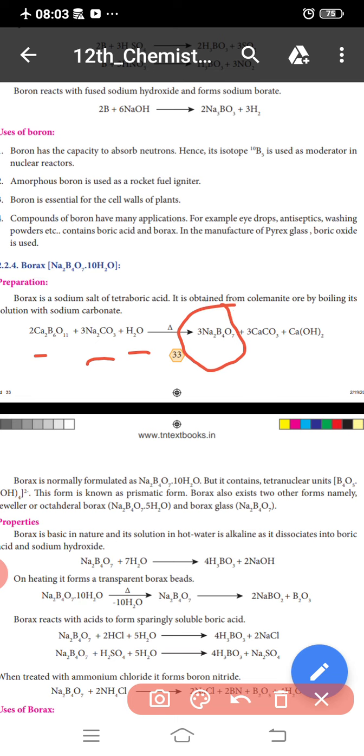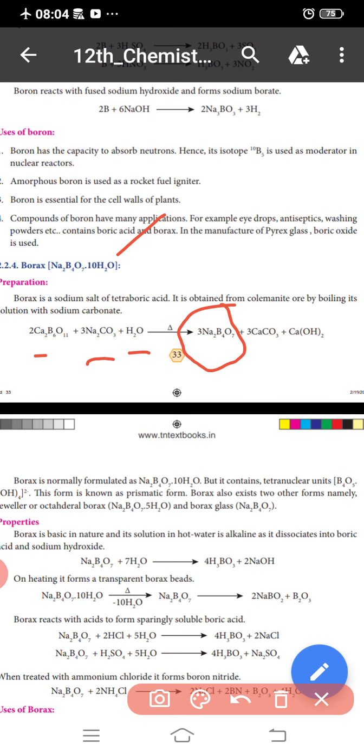So borax is normally of the formula Na2B4O7·10H2O, but it contains tetranuclear units, [B4O5(OH)4]2-. This form is known as the prismatic form.